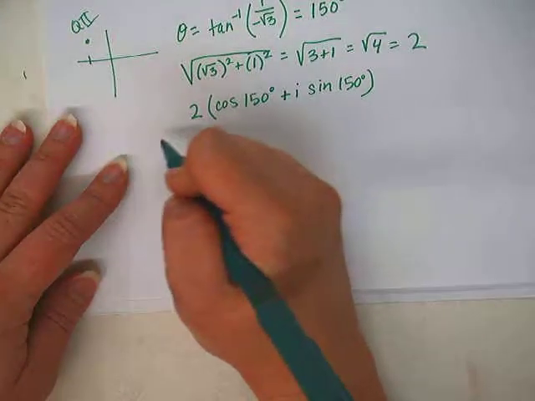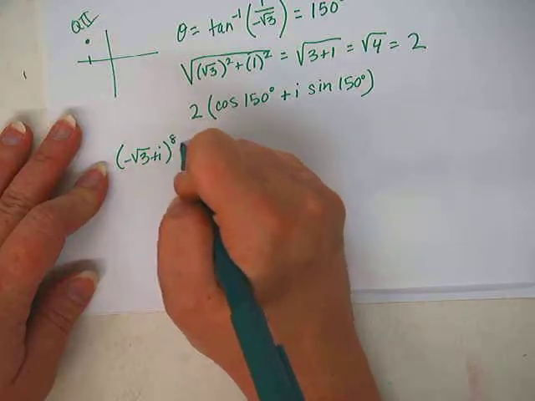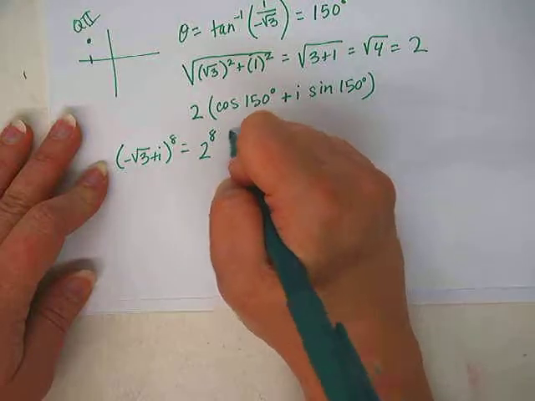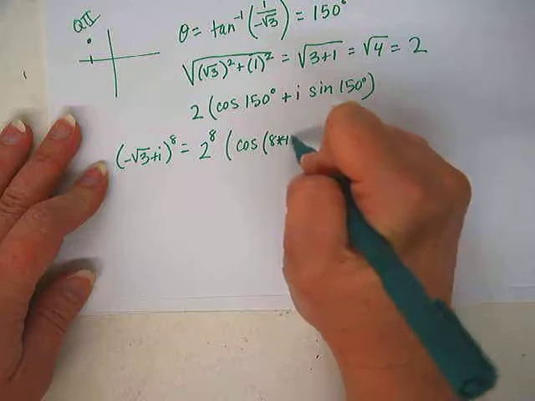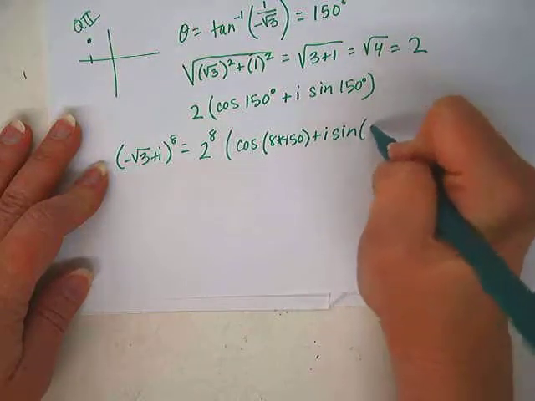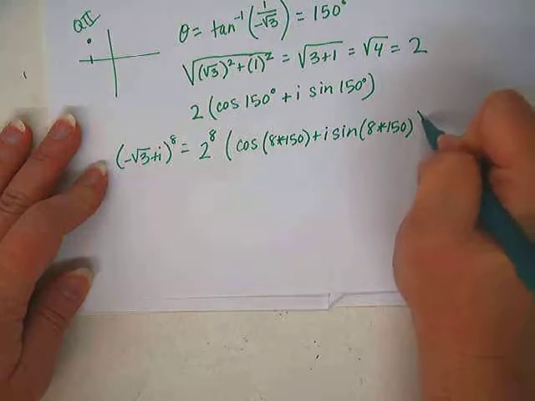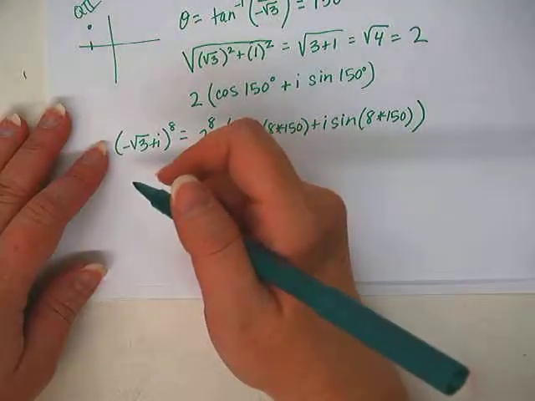Okay? So now that it's in trig form, we just need to use the formula. So we're going to the 8th power. What do we do? Our problem can be done by using de Moivre's theorem: 2 to the 8th power times the cosine of 8 times 150 plus I sine of 8 times 150.